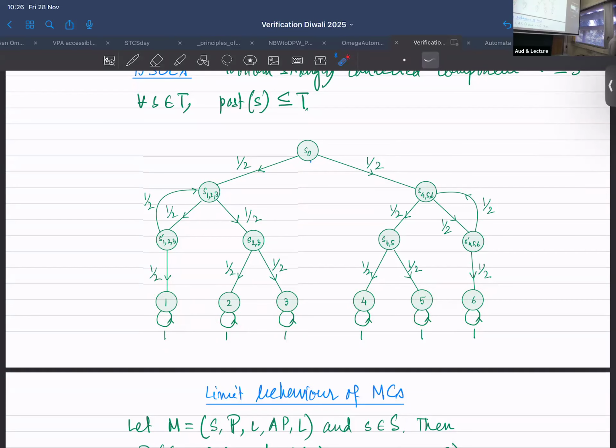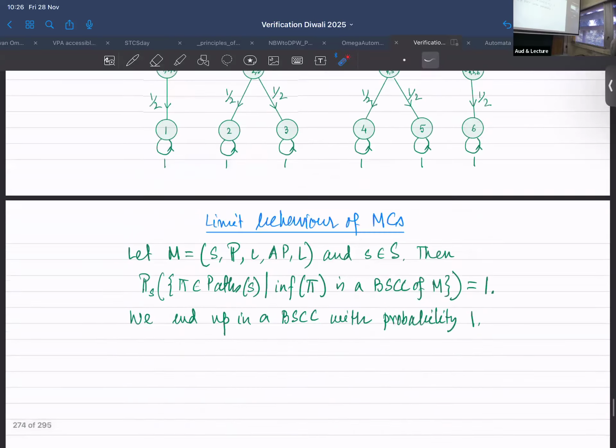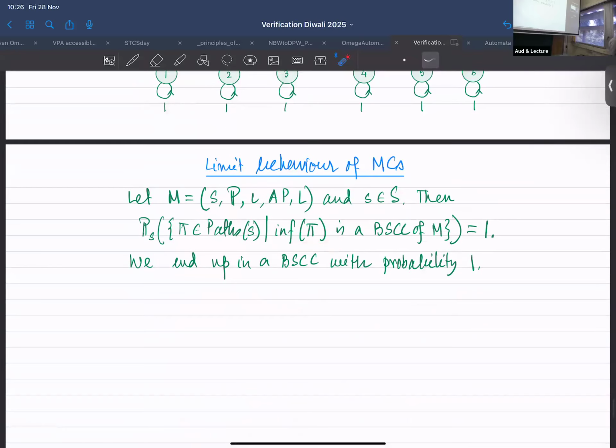So this is what it says: the set of states visited infinitely often is in fact some BSCC, and that happens with probability 1.